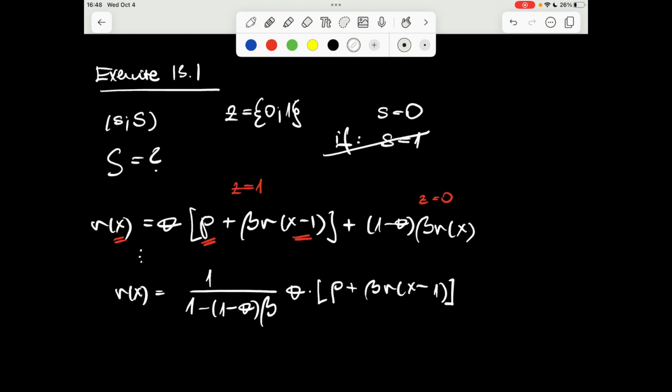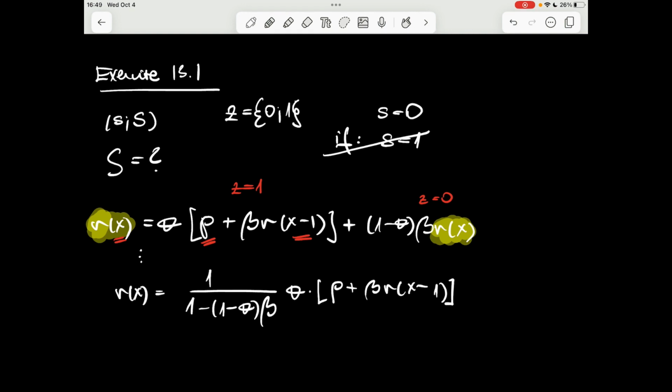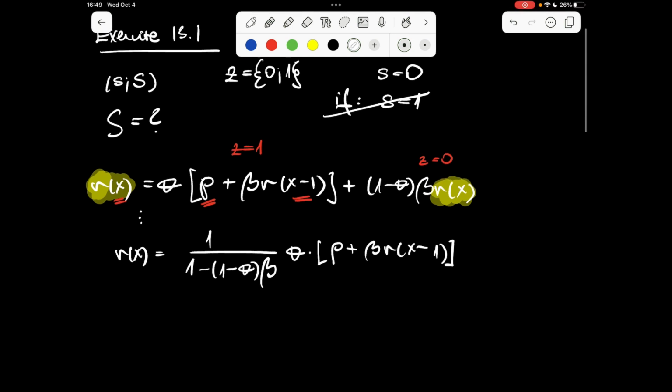By realizing that the same function shows up on both sides, we can express V of x in terms of V of x minus 1. All right.